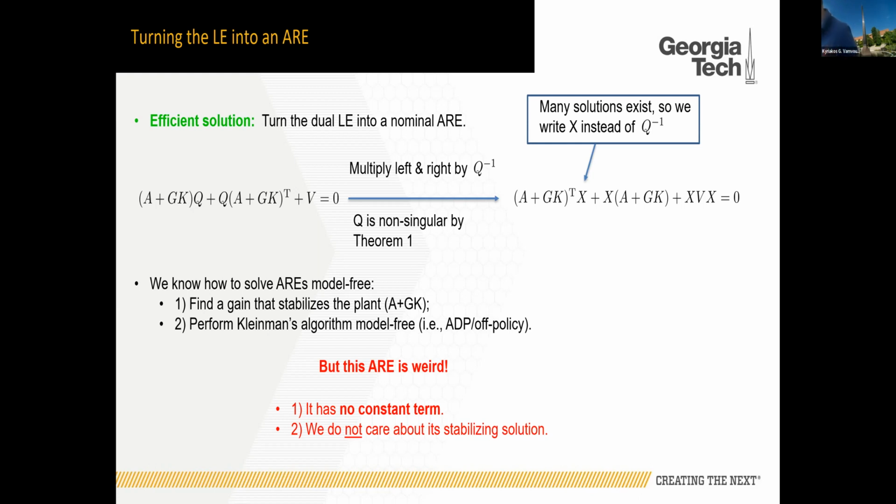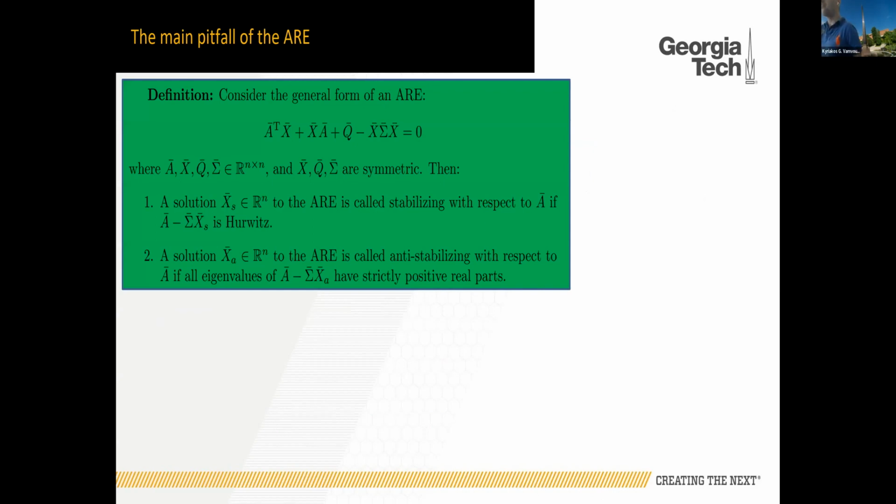You will see why. The general form of the Riccati equation is here, and I'm sure we're familiar with algebraic Riccati equations. The solution I can find to this algebraic equation is called stabilizing if my closed loop is Hurwitz. But the solution X_A to this equation is called anti-stabilizing with respect to A if all eigenvalues of the closed-loop system have strictly positive real parts.